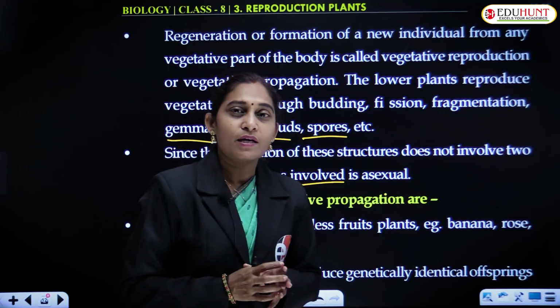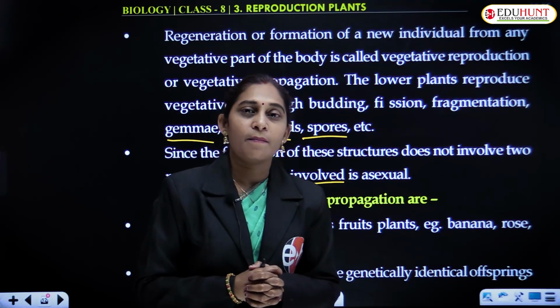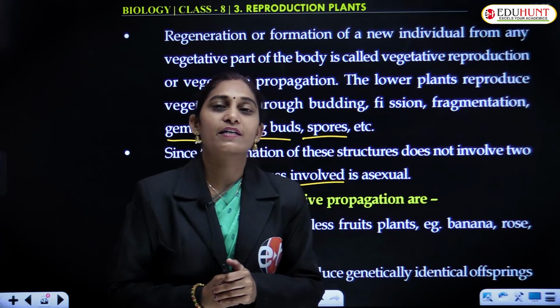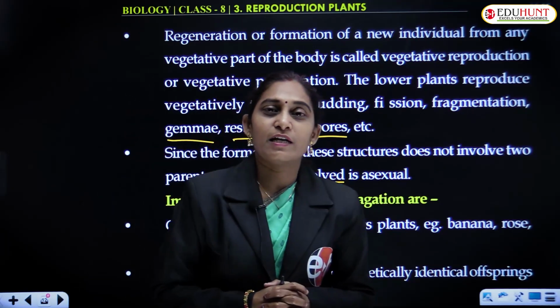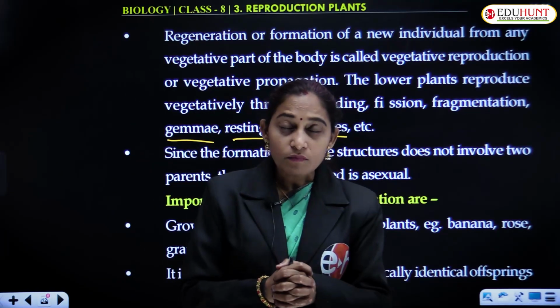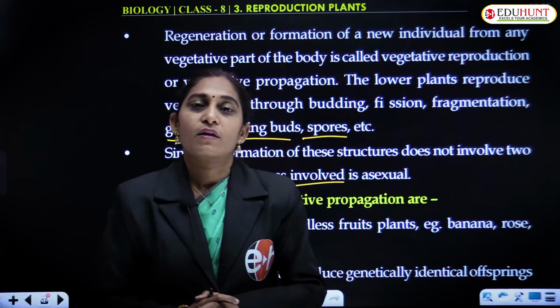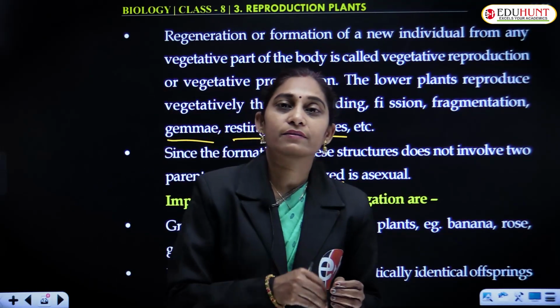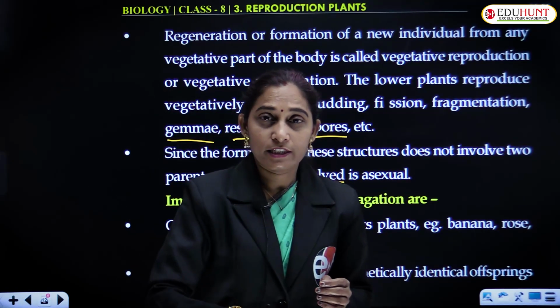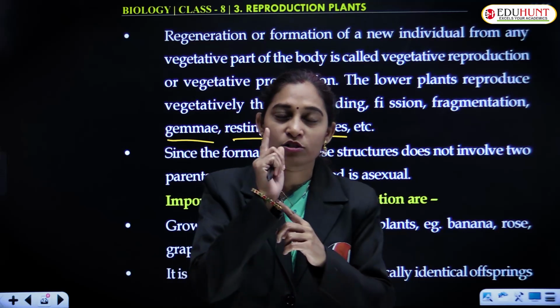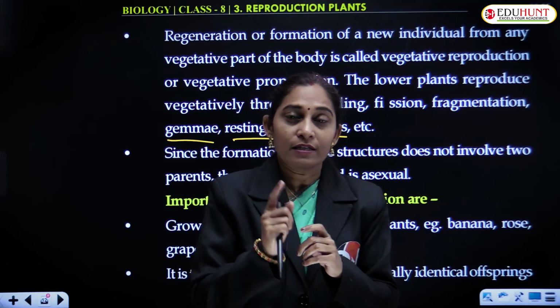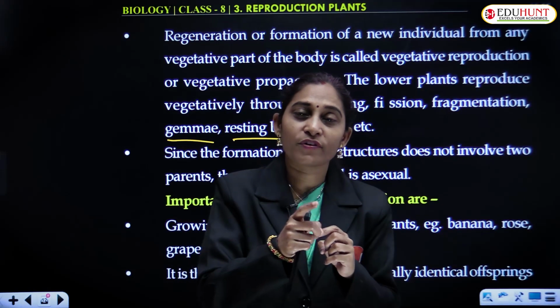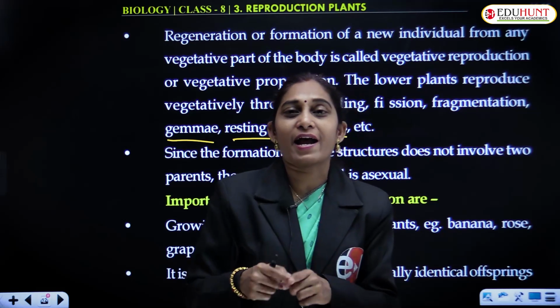For example, Murraya koenigii, that is curry leaves. Even Psidium guajava, that is the scientific name of guava. If we see the basal part near the trunk, we can find small plants arising from the soil. These are the result of the germination of radical buds.